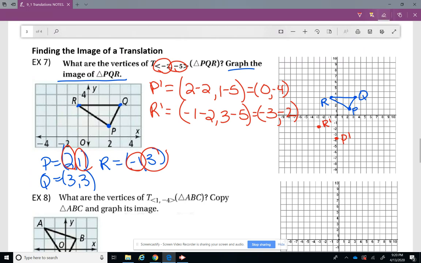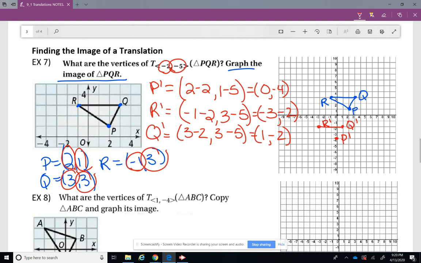The next one we're going to do is obviously Q prime. We take the 3. What are we going to do with it? Subtract 2. We take the 3. What are we going to do with it? Subtract 5. So 3 minus 2 is 1, and 3 minus 5 is negative 2. So that's going to be 1, negative 2, and that is Q prime.